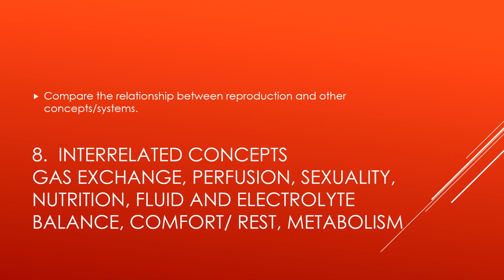Again, when you're doing your reading, just try to remember and keep in mind how all of this is going to tie together with things that we've already discussed in other courses, things that can become an issue during pregnancy that may not have been there prior, such as with perfusion. We see that extra blood volume that can affect certain things with maternal health.